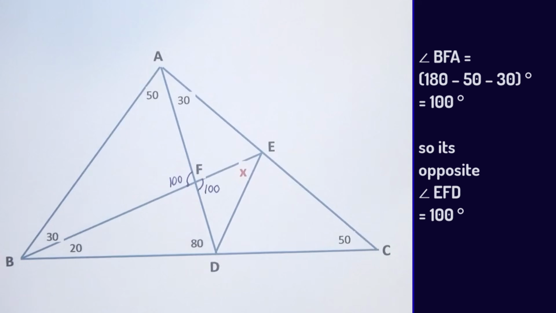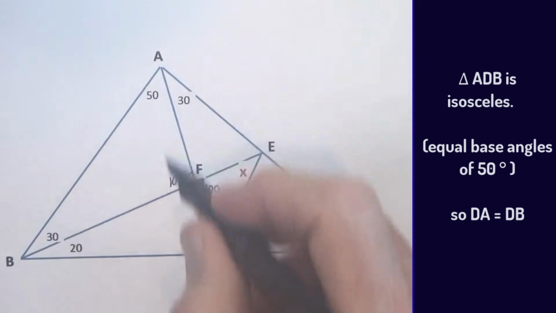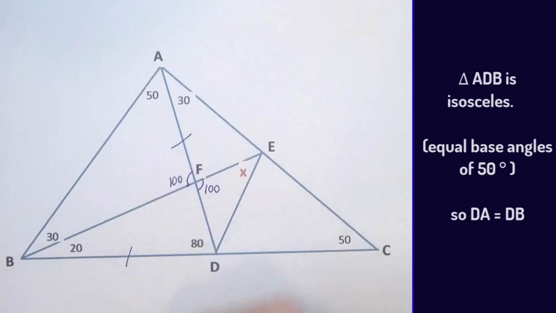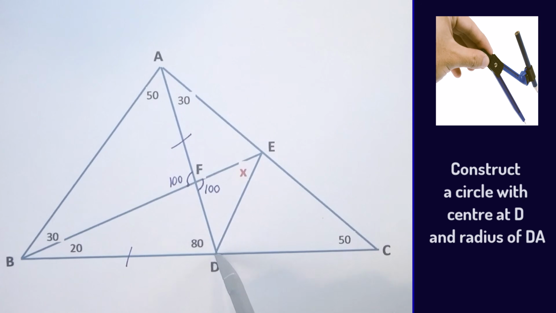Now we're going to use what we noted earlier. We've got a couple of isosceles triangles in this figure, and one is at ADB because it has equal base angles of 50. Now I'm going to take my compass and construct circle DA.